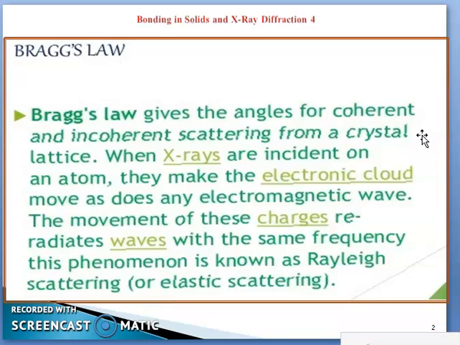Because of the movement of these charges, waves are radiated with the same frequency. I mean, the waves radiated by the movement of the charges have the same frequency as that of the incident waves. This phenomenon is called Rayleigh scattering. It is also known as elastic scattering.